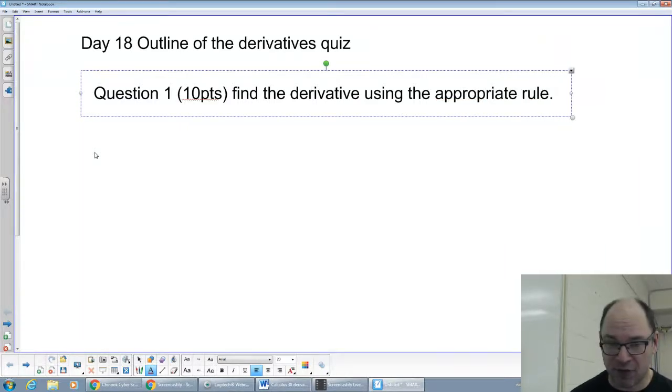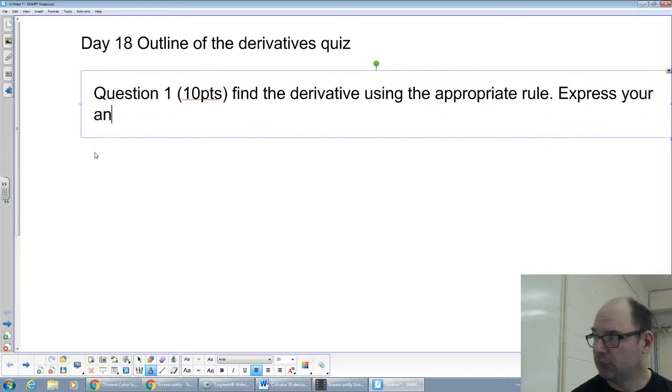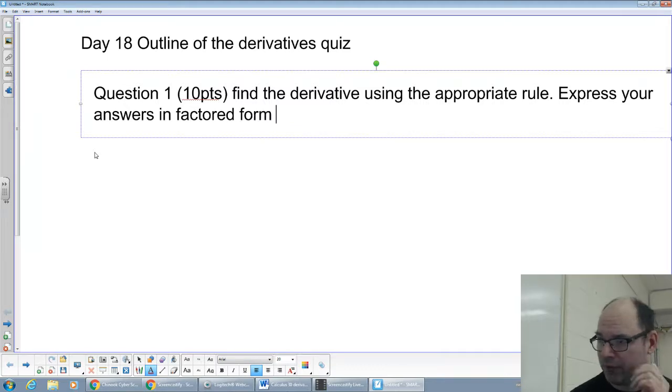And of course, I have in there, express your answers in factored form. Okay, so worth 10.